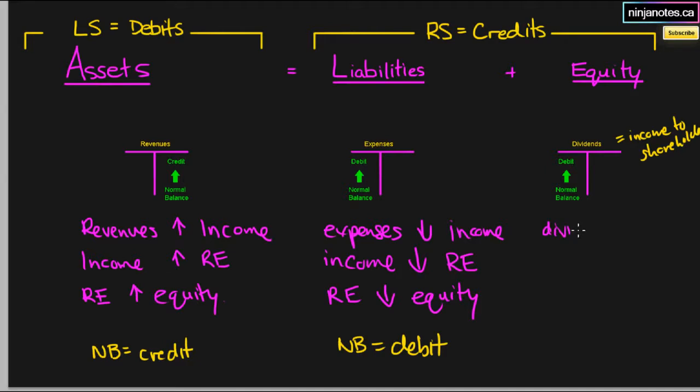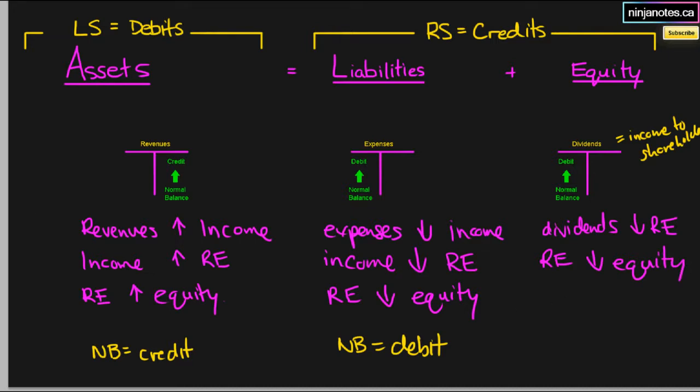So when we issue dividends, dividends will lower retained earnings because retained earnings is essentially retained income, and some of that income is going out of the company, so it makes sense that dividends lower retained earnings. And when retained earnings are lowered, equity is going to go down.